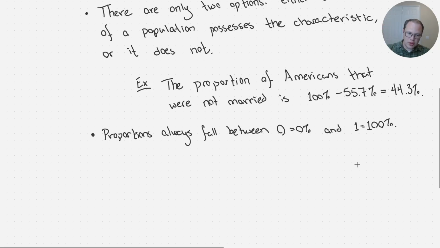The least you could have is no member possessing it, and the most you can have is everyone in the population possessing the characteristic. So the proportion has to be between 0 and 1, or 0% and 100%.